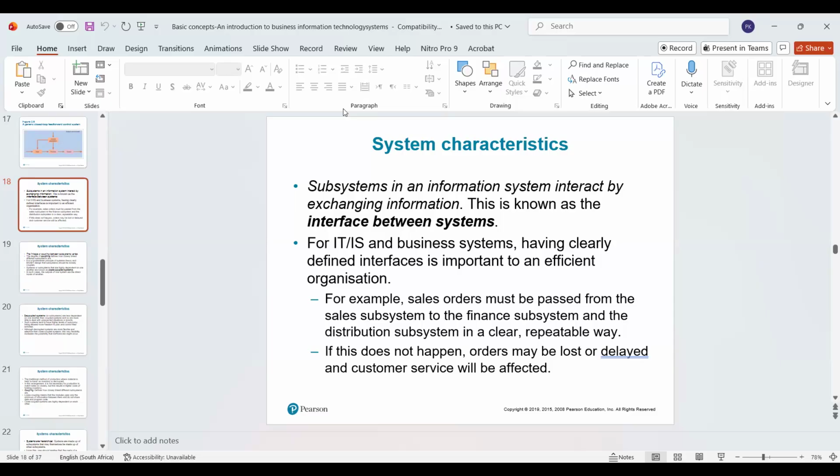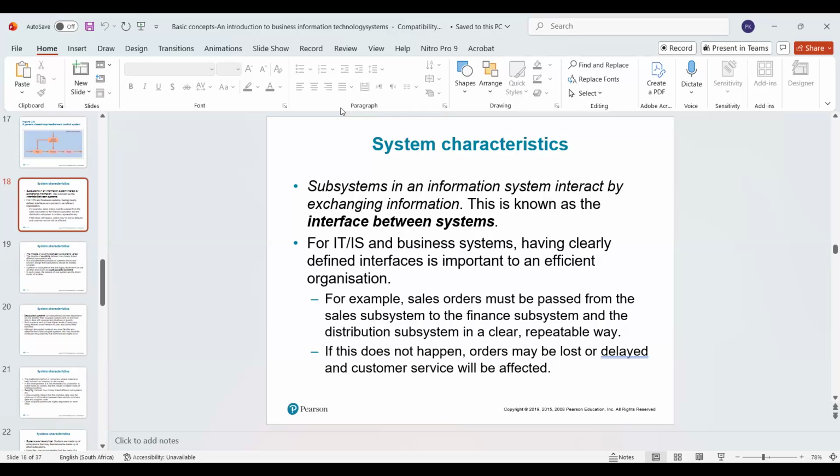If this does not happen, orders may be lost or delayed, and customer service will be affected. If the finance department is not aware, they might end up not paying the employees who will be working on the system. And as employees, if we are not receiving our money, we also do not work. So there will be delays.